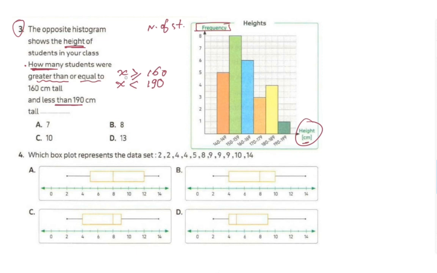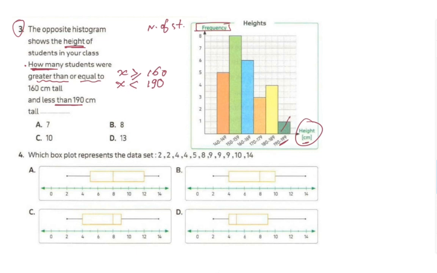Now go to the intervals. Less than 190. So this interval starts with 190. Is it with us or not? No. 190 is out of the interval I need. So that means x is less than, not equal.